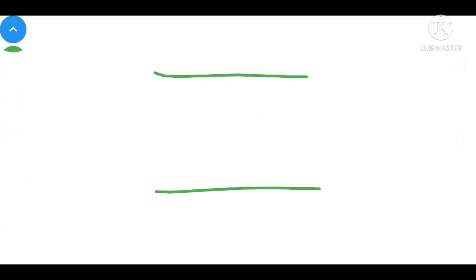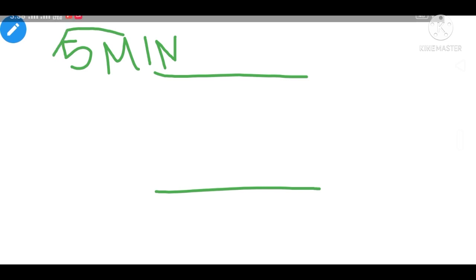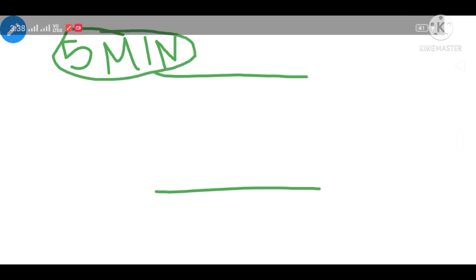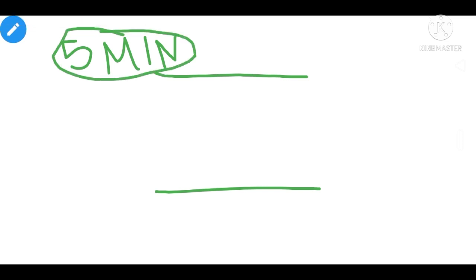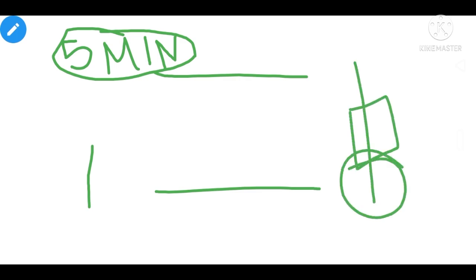Okay, so see traders, now focus. Think that it is a 5-minute chart. If we are doing intraday trading, then we will open a 5-minute chart, right? Since you know the basics about candlesticks, how a candlestick forms and when a wick is formed, you must be knowing, right?